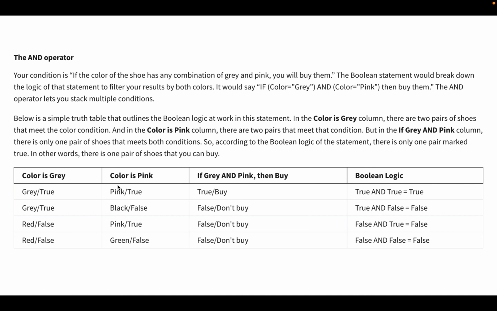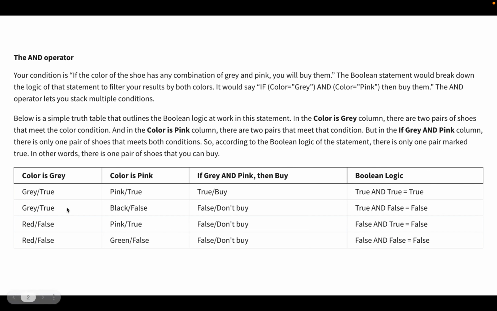Same as color is pink, we'll say pink is true, black false, green false. And look at this, if gray and pink, then buy. Alright, you have to have both attributes, gray and pink, then buy. So gray true, pink true, this true, so buy.